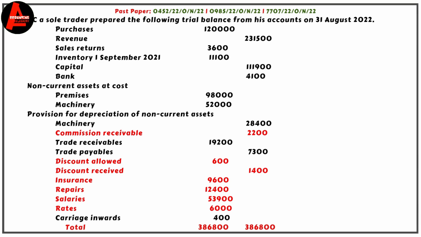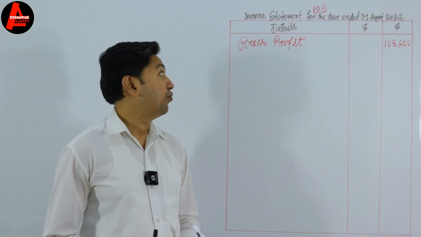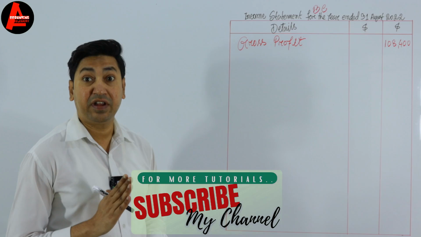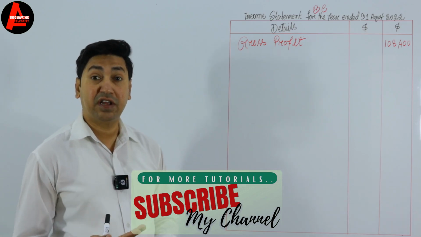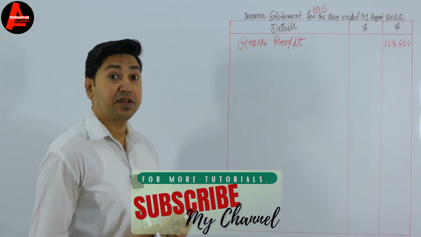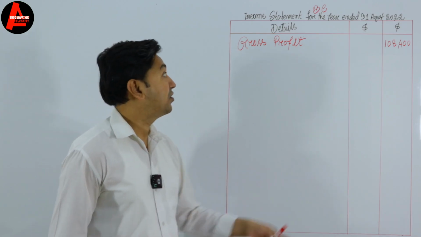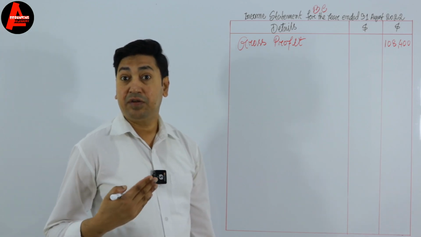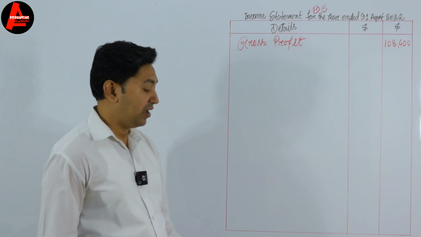These two items are incomes, so we have to add them to gross profit. If we don't have any incomes in the question, we ignore this step and directly subtract all the expenses from gross profit to calculate profit or loss for the year.